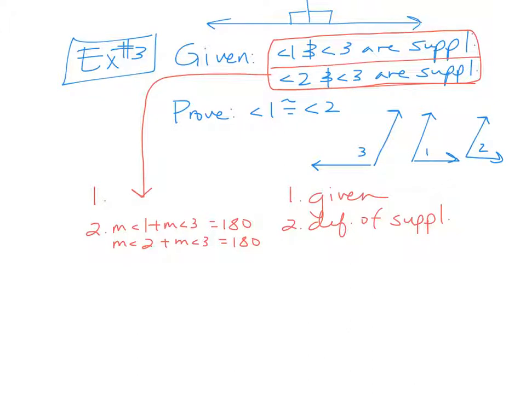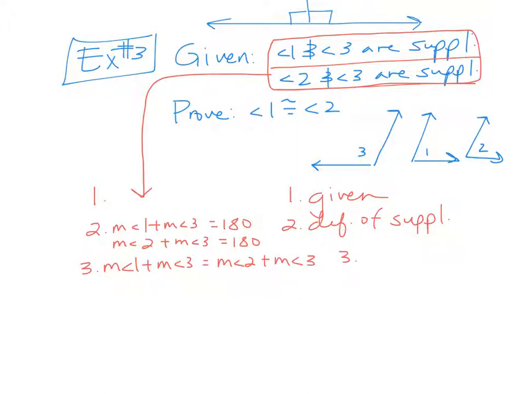Okay, so then from there, I can say what? If they both equal 180, what is true of them? They equal each other, right? So we can say the measure of angle 1 plus the measure of angle 3 equals the measure of angle 2 plus the measure of angle 3. Why can we say that?